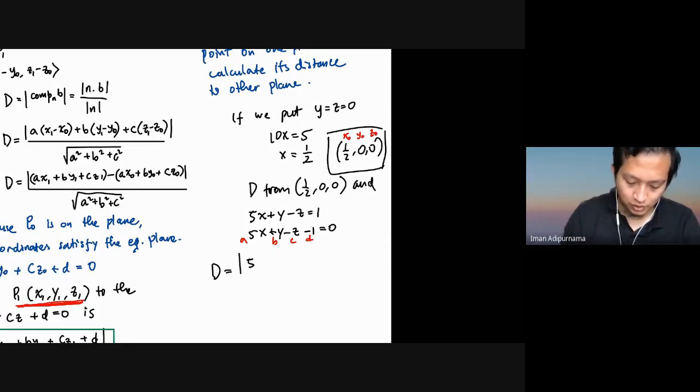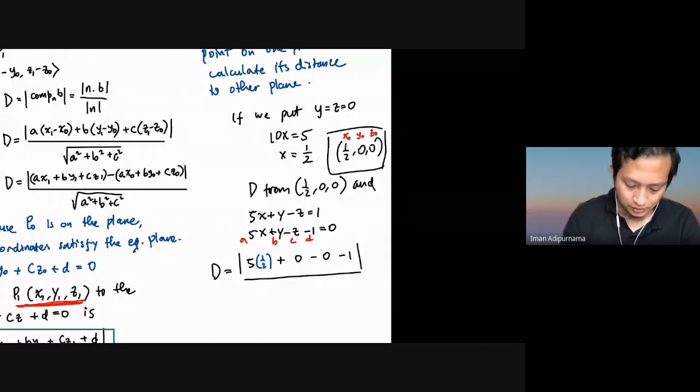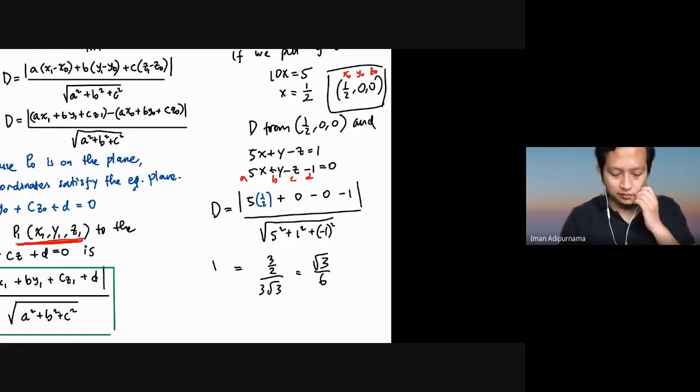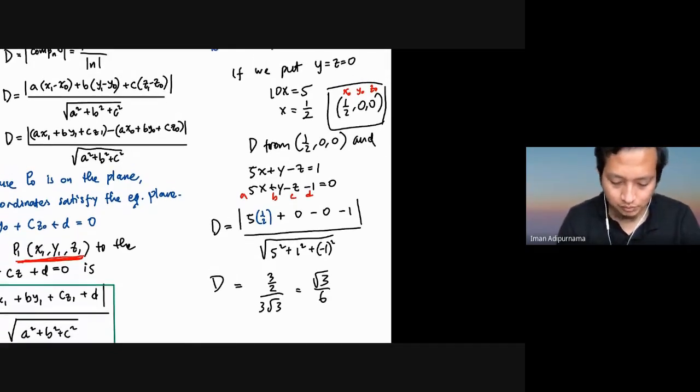So 5 multiplied by half, plus 0 because we multiply by 0, and then minus 1, and then divide by the square root of the sum of the squares. So we get our distance.